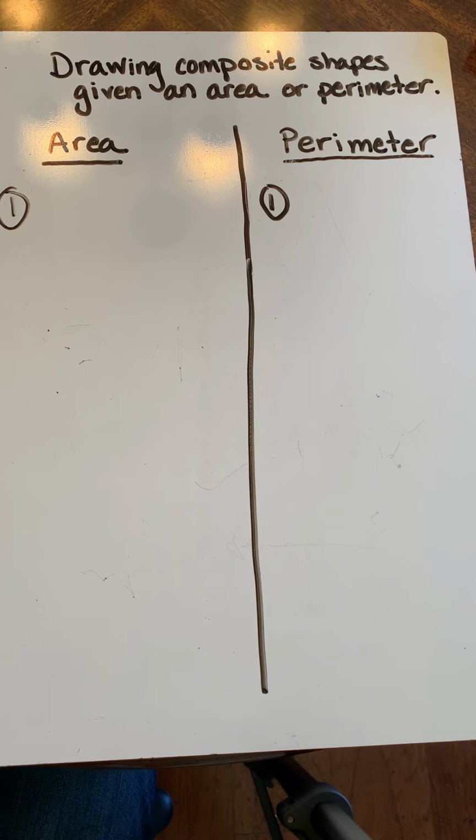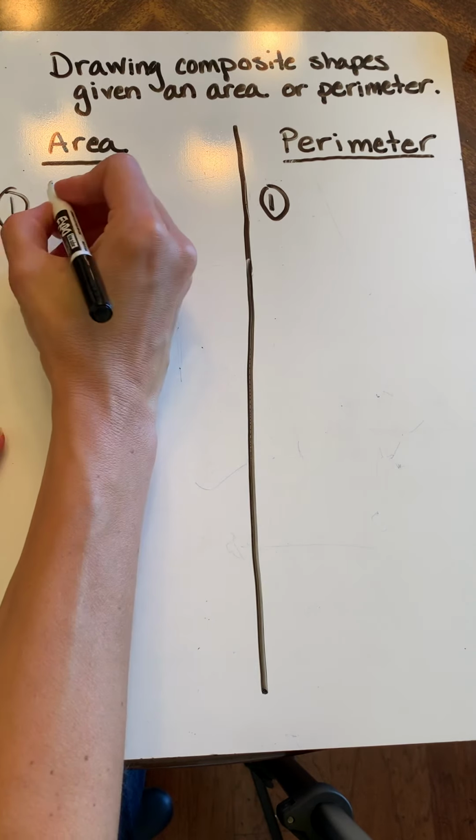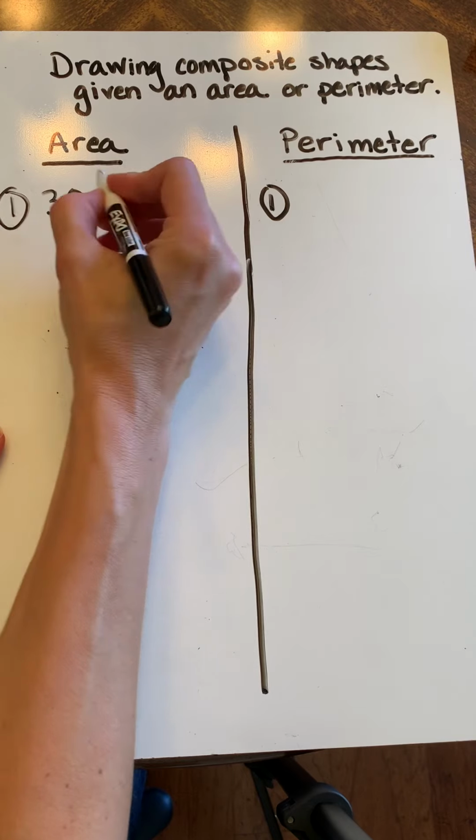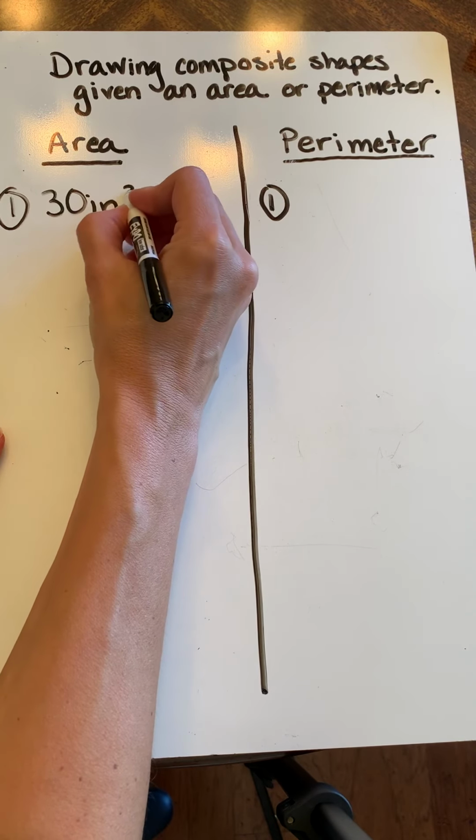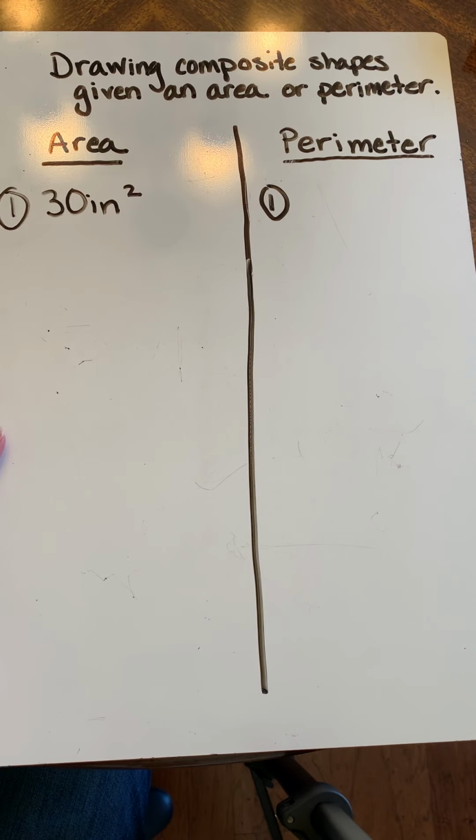All right, so for the first example, if I am given the area of 30 inches squared, I know in total my 2 or 3 or 4, however many composite shapes I want to put together, cannot give me more than 30 inches squared and cannot give me less than 30 inches squared.